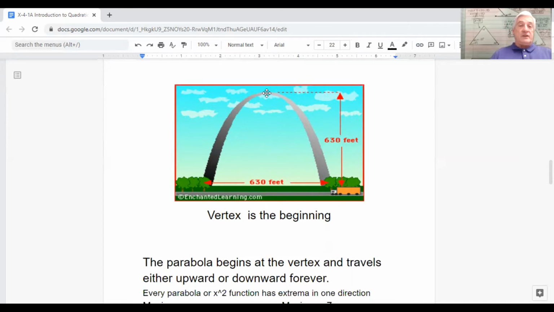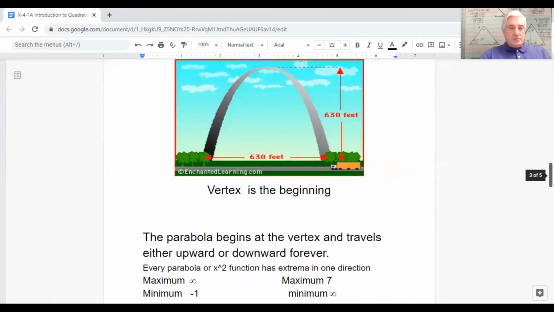They probably didn't build this on the ground and then raise it with a crane, because that's 43,000 tons. It was built around 1963 to 1965. It took 2 years. Our parabola begins at the vertex and travels either upward or downward forever.